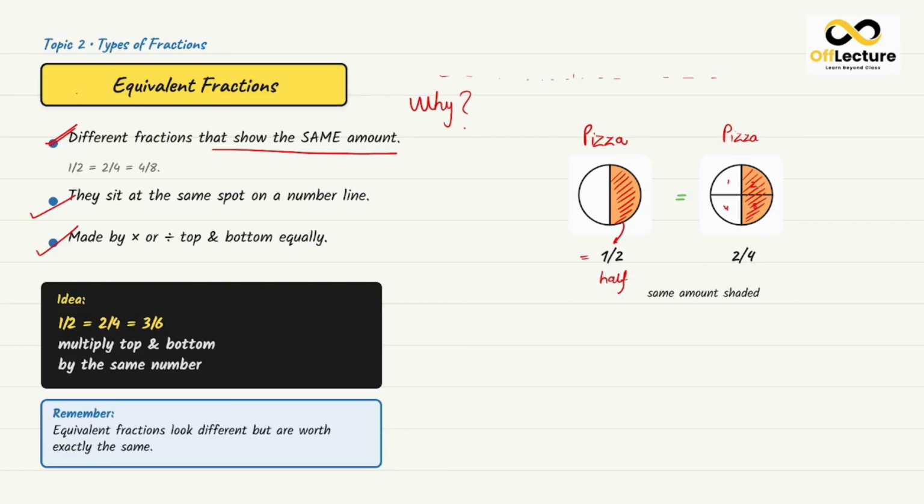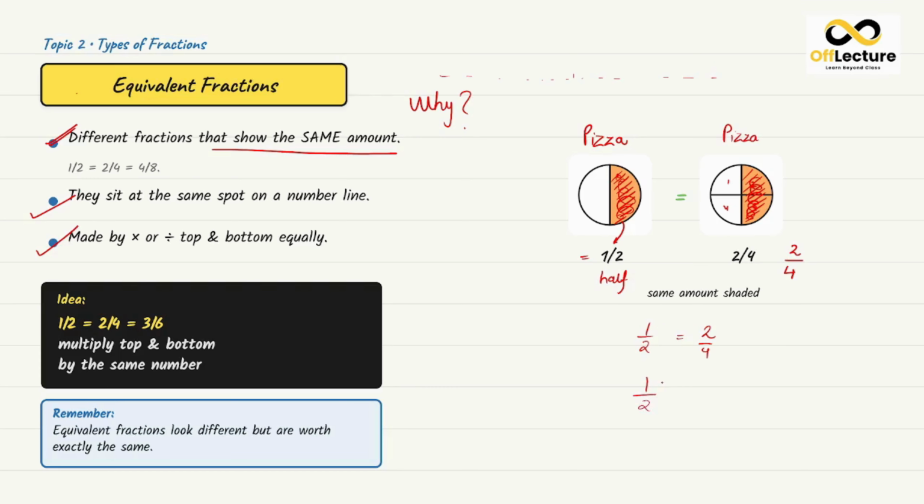If you write the fraction for this, it is 2, because there are 2 shaded parts, by the total number of parts, which is 4. But visually, this area and this area are the same. It means that 1 by 2 is equal to 2 by 4. The same amount has been shaded in both the pizzas. So 1 by 2 is equal to 2 by 4. And how do we reach from 1 by 2 to 2 by 4?